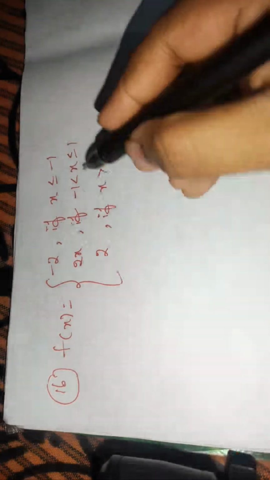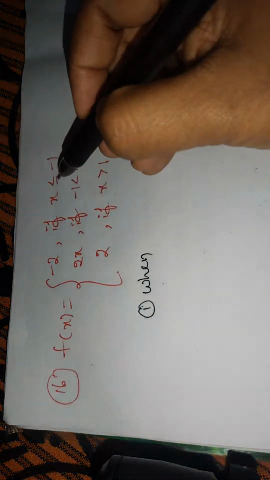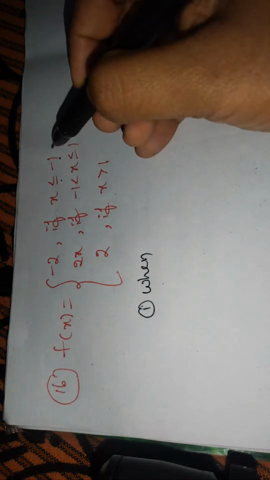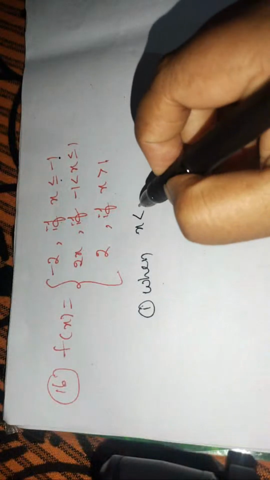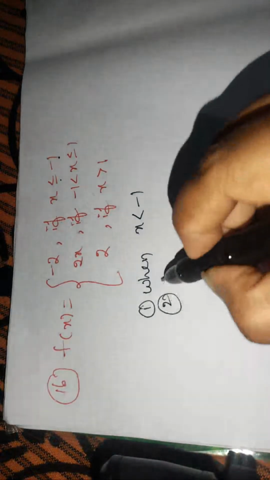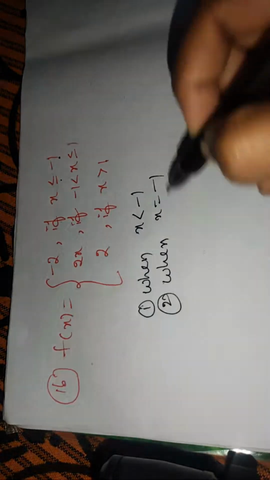Now, we will check continuity for this function. We will check continuity for different values of x. Write the different values first. One is x less than minus 1. Number 2, when x is equal to minus 1.